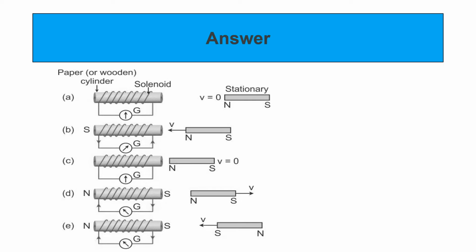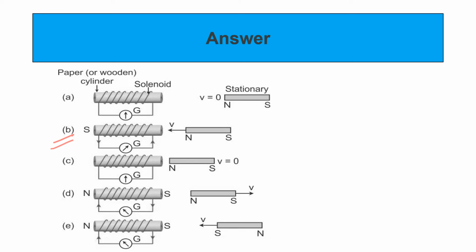This is the diagram. The solenoid is connected to the galvanometer. In the first case, the magnet is stationary. When the magnet is stationary, there is no deflection in the galvanometer. In figure B, this magnet is moved towards the solenoid.